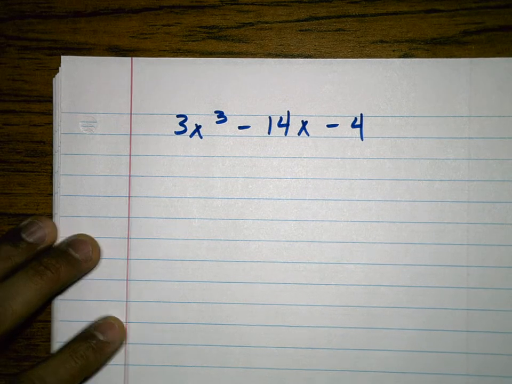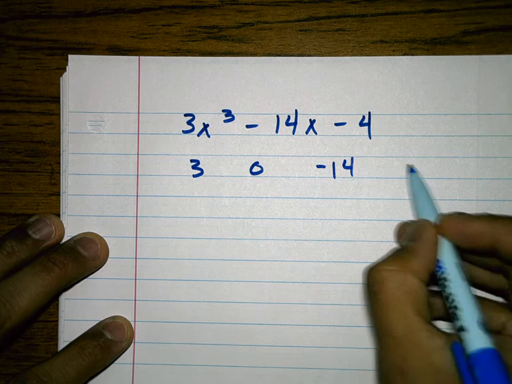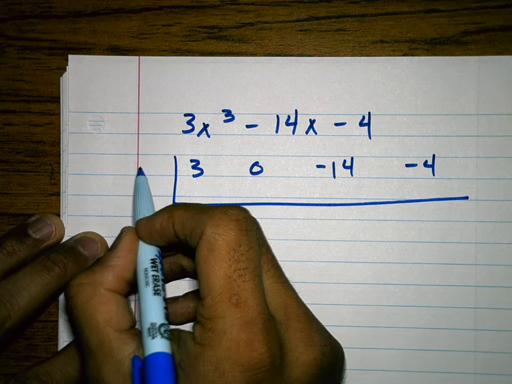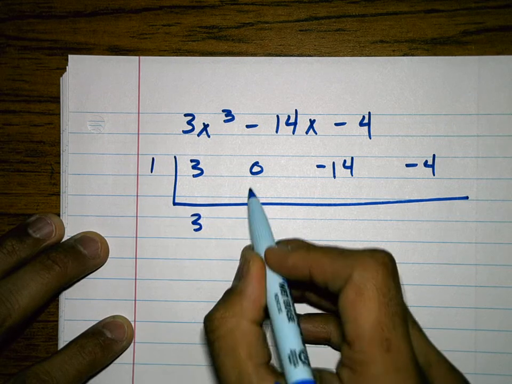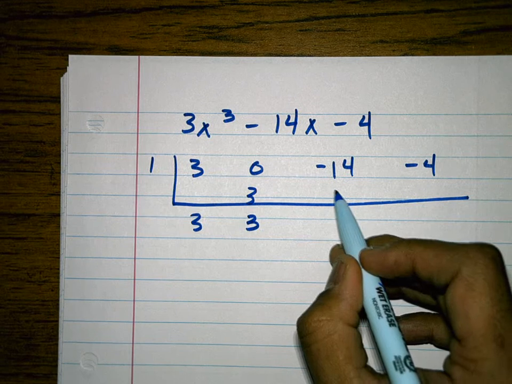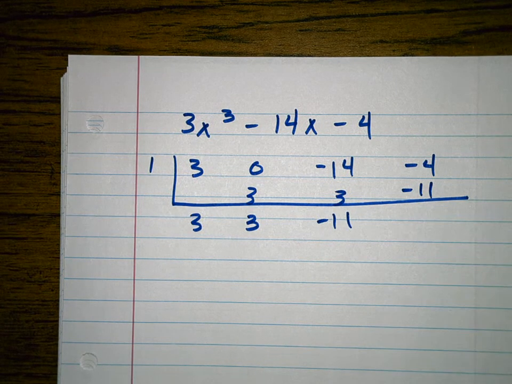So I'm going to say 3, 0, negative 14, negative 4, and I'm going to try a 1. So I'm going to bring this down. I'm going to add. And that did not work.